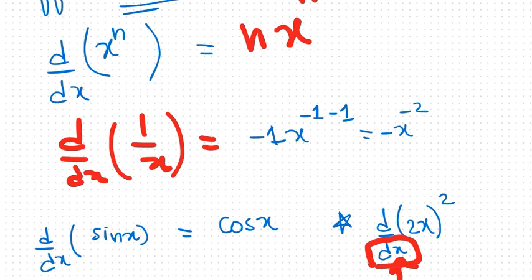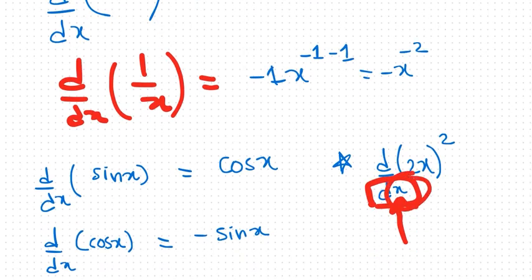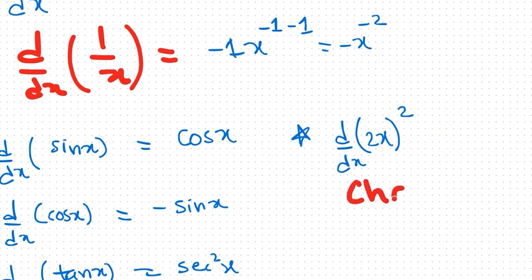But in this question, this was x, not 2x, correct? So these two are not matching. So how to solve this question is to use the chain rule. The name is called chain rule.